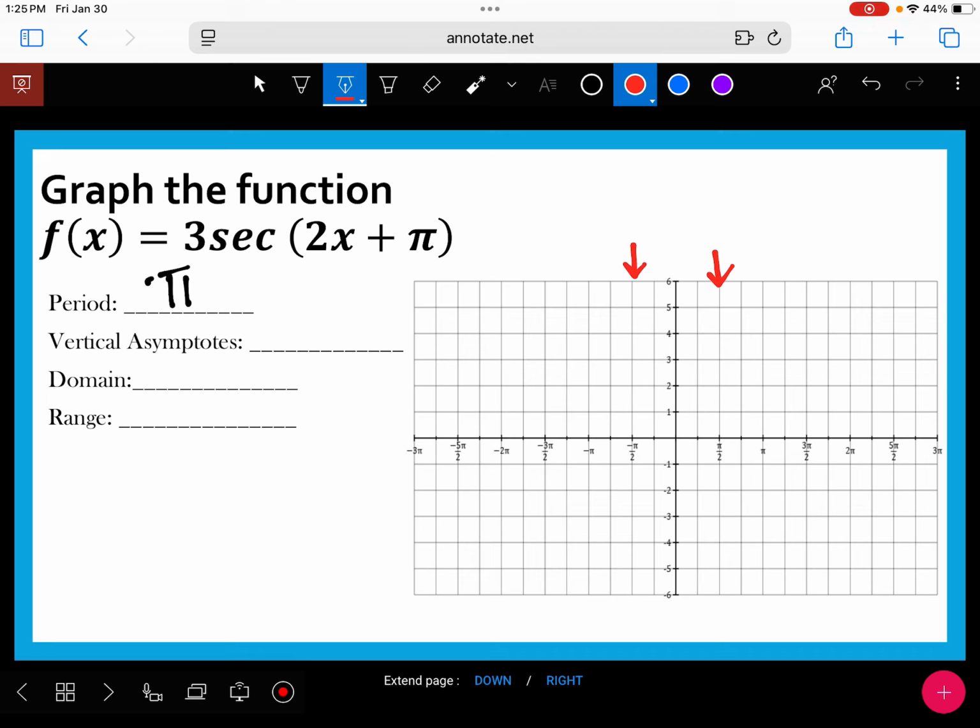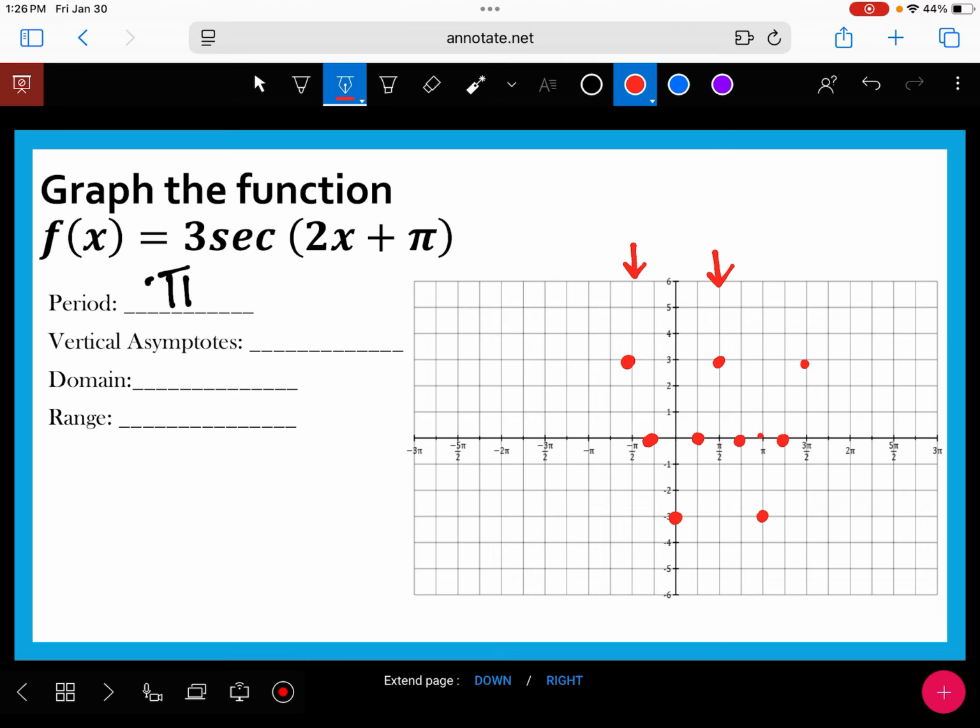So I'm starting at the top. Where is the top going to be? 3. And then I'm going down to the middle, and then I'm going to the bottom. Back to the middle, top, middle. Oops, I skipped one. Middle, bottom, middle, top. I'm not going to do a whole lot.